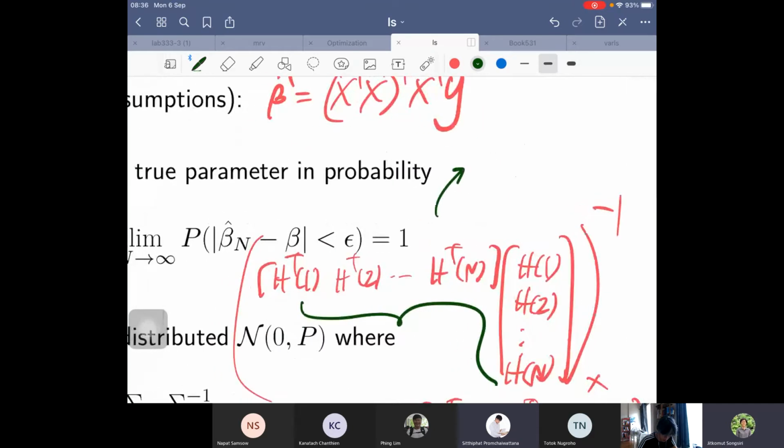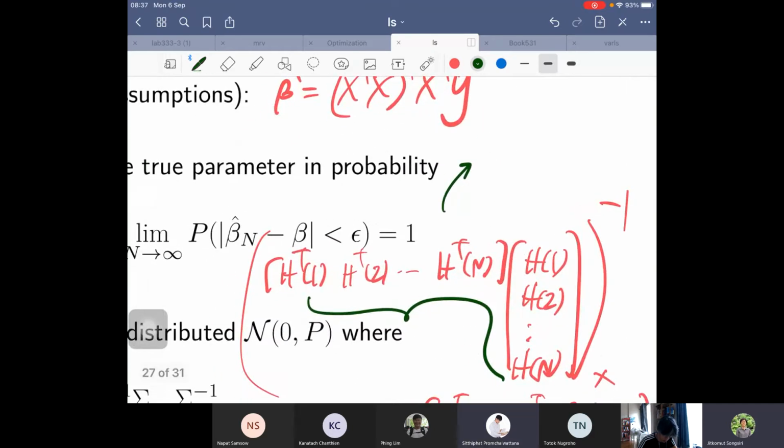No, this is not a matrix. Everything in the matrix is, this is how you write a matrix partitioned into columns, and on the right hand side, this is a matrix that you partition into rows.